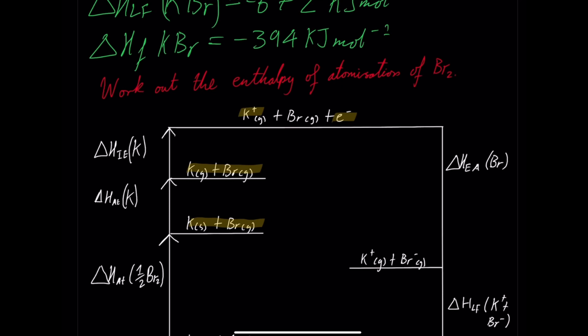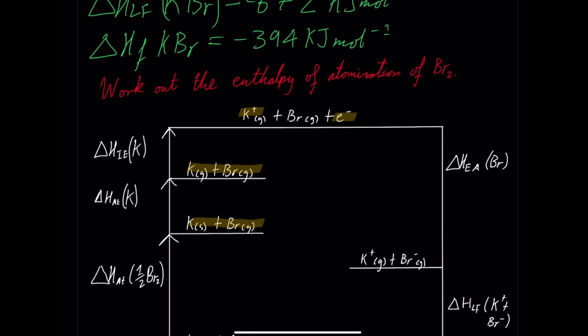Now we also need to ionize our bromine, which involves electron affinity. Because bromine is quite electronegative, in this case the first electron affinity actually releases energy, because bromine is gaining an electron that it wants to gain. It has 7 electrons in its outermost shell and wants the last electron to fill it.